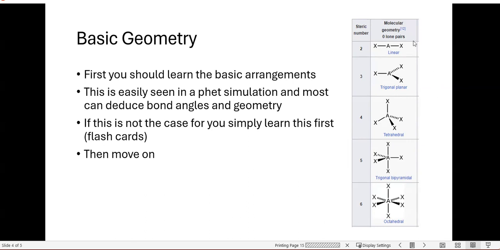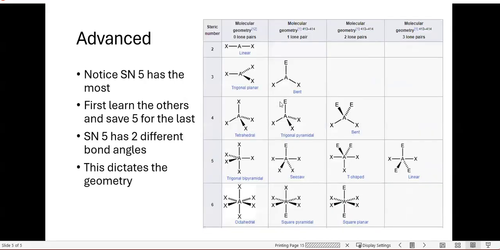When you have just simple, no lone pairs of electrons, learn this first, and then you can move on to the next level. Now we start swapping out some of those atoms with lone pair electrons. We have the same bond angles that we had here. It's just the geometry. You can't see this X here, so we just see the effect of it being bent.